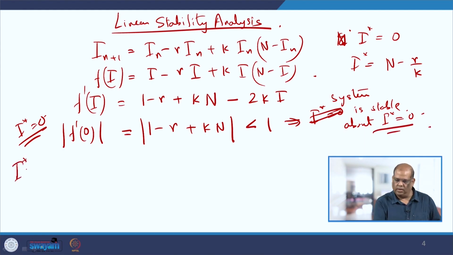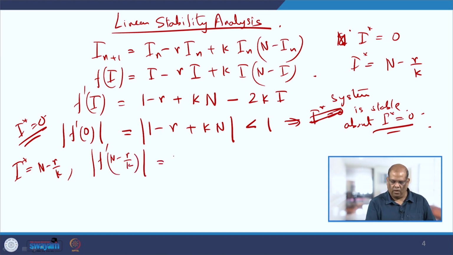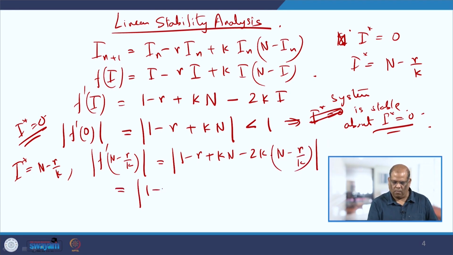And then you consider I star equal to n minus R by K. So, you have mod of f dash of n minus R by K, which is equal to mod of 1 minus R plus k n minus 2 k times I, and I is n minus R by K. This gives 1 minus R plus k n minus 2 k n plus 2 R, and if you simplify, this becomes 1 plus R minus k n.